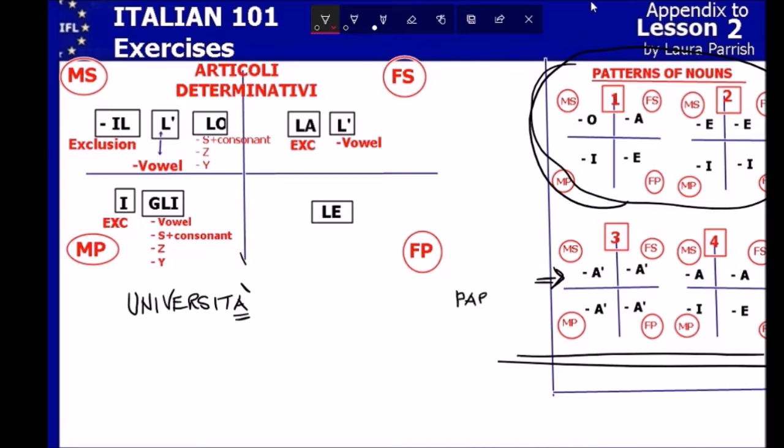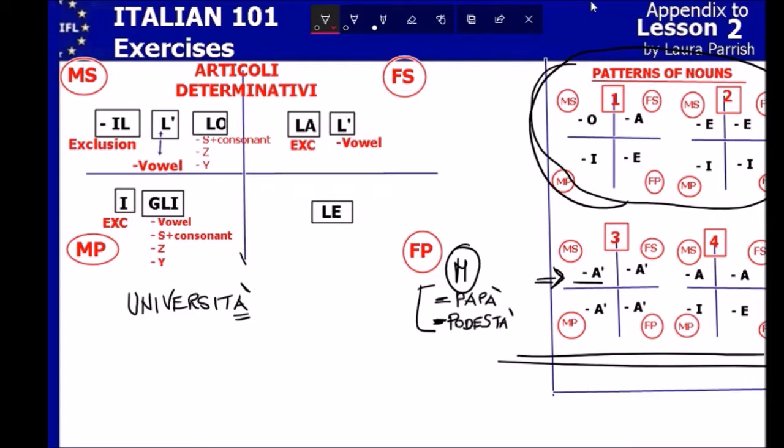Papà, that means daddy, and Podestà. Podestà was the king of Venice during the Renaissance, okay? So it was the king of the city of Venice in the Renaissance, and papà means daddy. Only those 2 are masculine. All the other words ending in an accented a are feminine. So we know università is feminine.